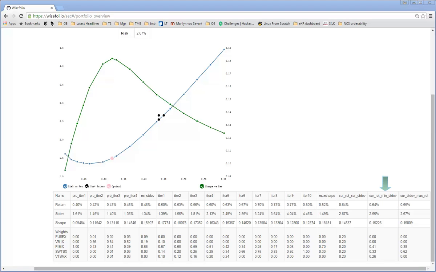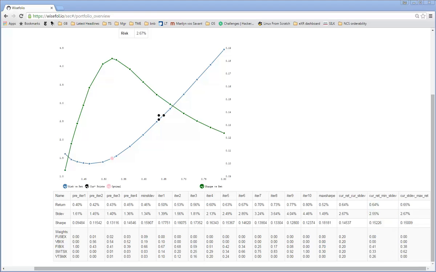If you modify your portfolio weights a bit, that is, instead of equal weight of 20%, if you move that to 41% in FIBIX, 33% in SWTSX, and 26% in VTSMX, you can get the same return, 0.64%, but at a reduced risk of 2.55%.